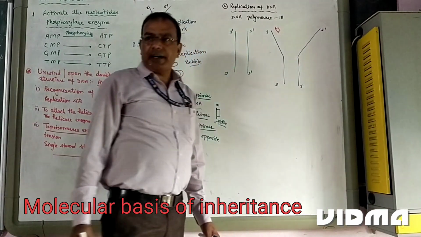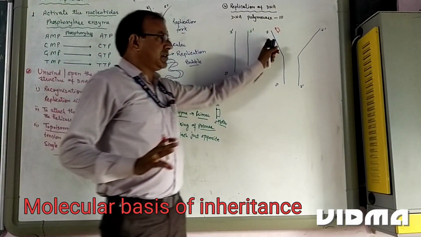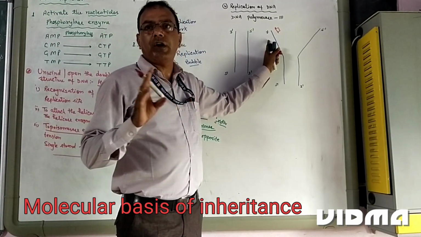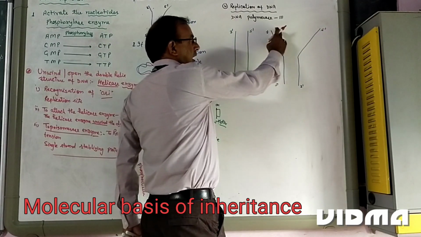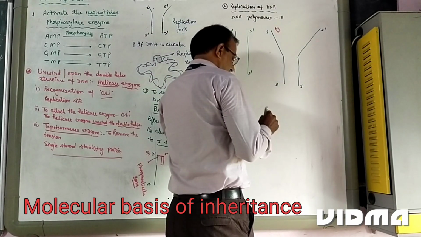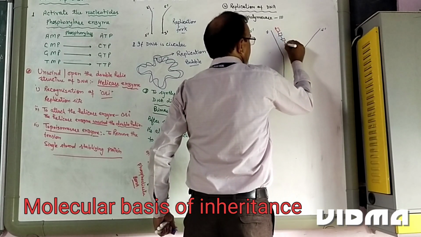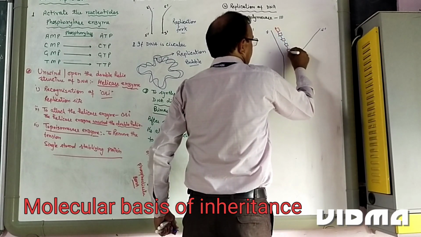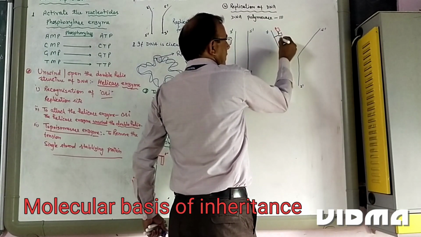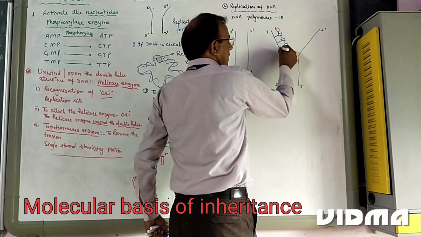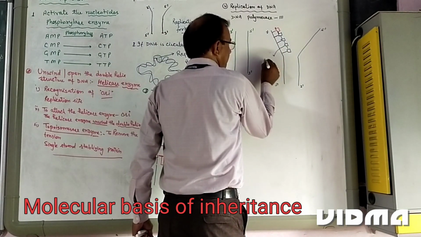As the primer is attached, DNA has the ability to make its copy. This strand also has the ability to make its copy, and this one is also. The copy will be formed after attachment of the primer. It means it forms nucleotides, and these nucleotides are attached to the primer with phosphodiester bond and to the nucleotide of the 3' strand with the hydrogen bond. This is the hydrogen bond.